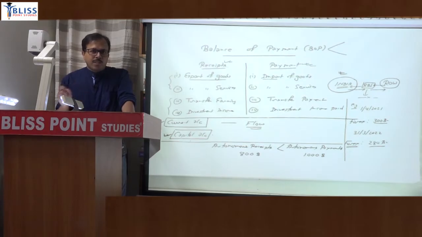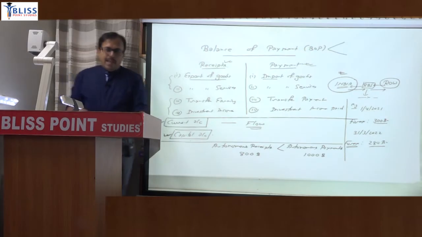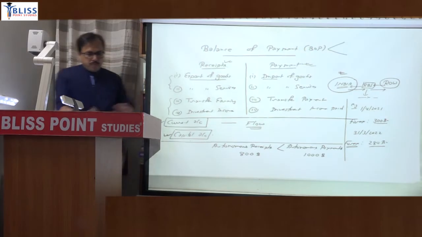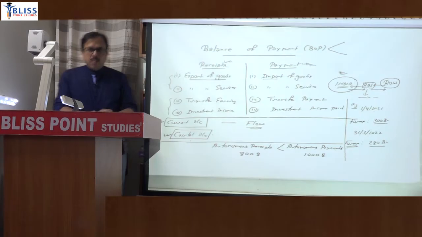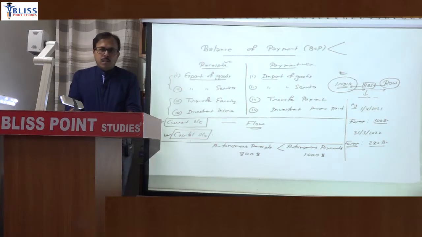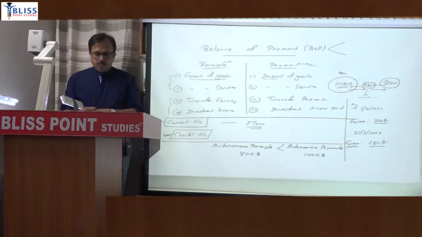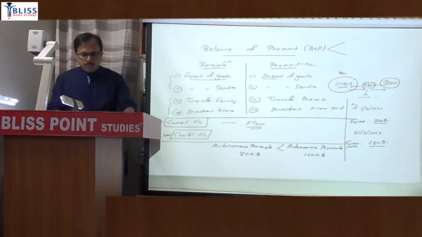Sale and purchase of assets like land, bond, etc. External balance is attained when current account balance plus capital account balance, that is sum of these two, is equal to 0.